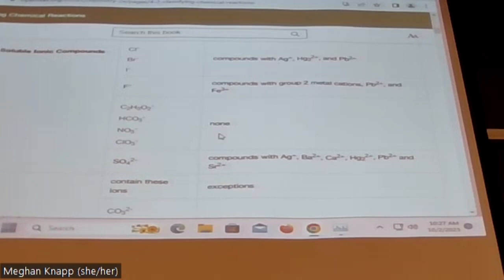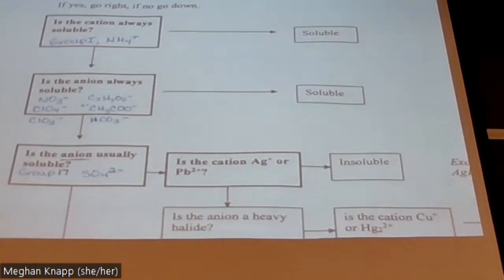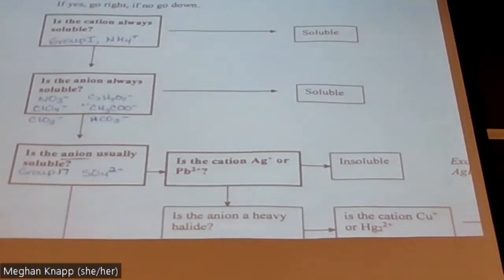All right. So I put sulfate in this box, and then I put underneath perchlorate, I put chlorate. So those things are soluble, and I put hydrogen carbonate. Now these look very similar, right?